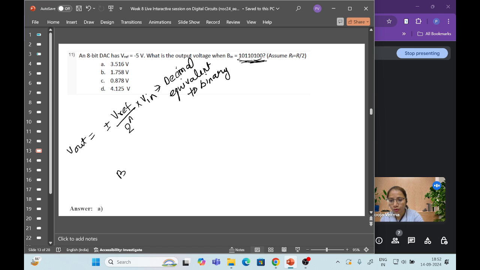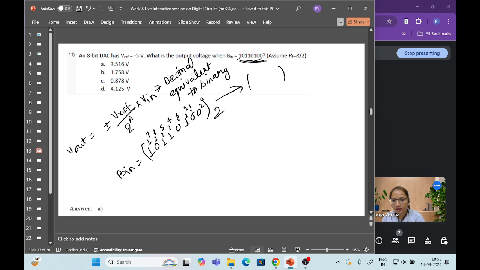B in is given as 10110100. Can anyone of you convert it? What will be the decimal equivalent of this binary sequence? We already know how to convert it, using powers of 2 from 2 to the power 0, 1, 2, 3, 4, 5, 6, 7.